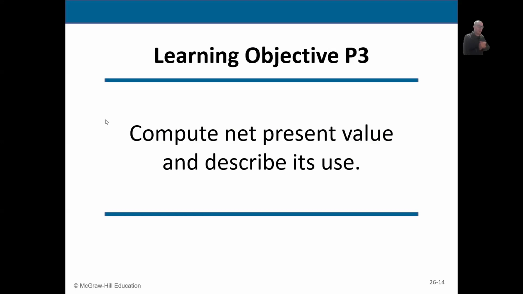Net present value. The idea behind net present value is we look at what we call the time value of money. We look at that with respect to future cash flows, cash inflows and outflows, to understand the viability of a project, purchasing property, plant, and equipment.